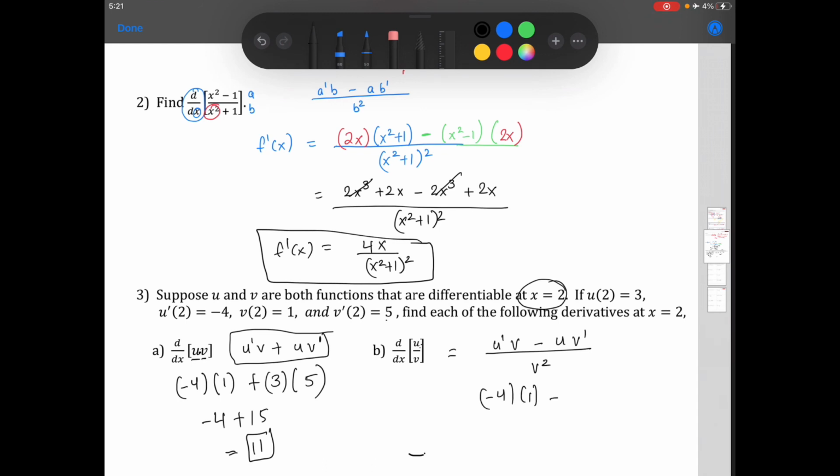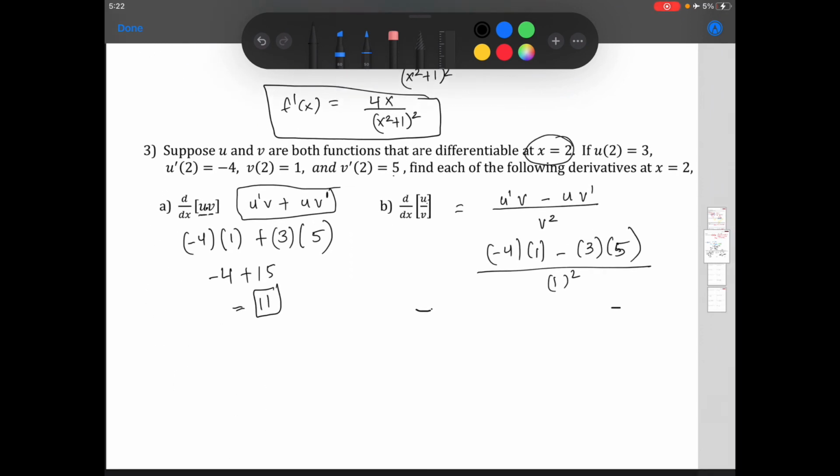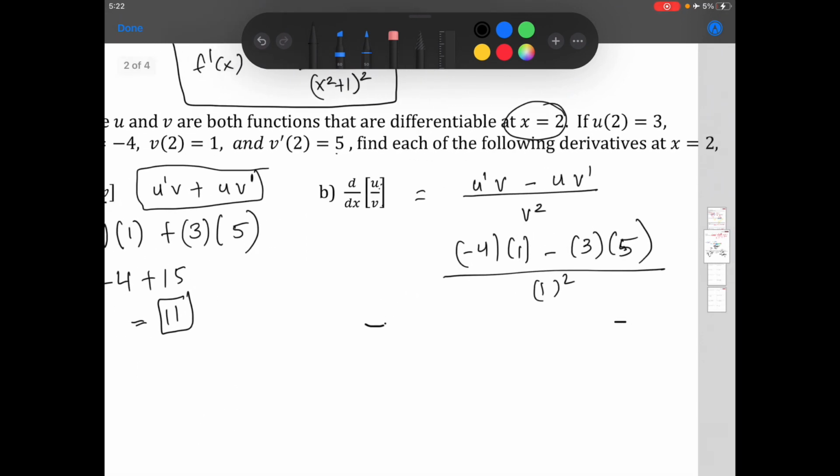Negative 4 times 1 minus 3 times 5 over v squared, which is 1 squared, right? So the numerator is negative 4 minus 15, which is negative 19. So negative 19 over 1, which is just negative 19. So this is how you do these questions.